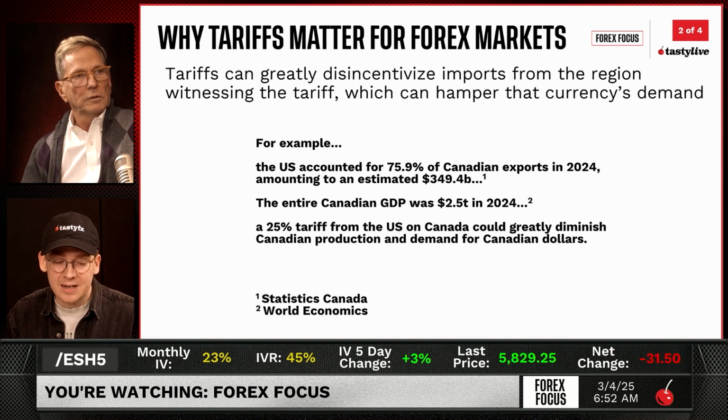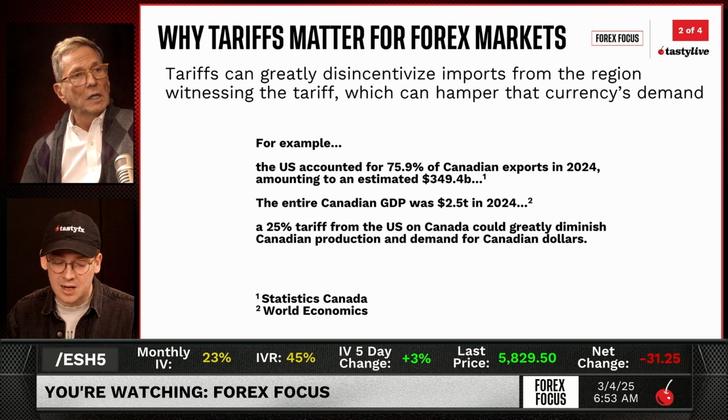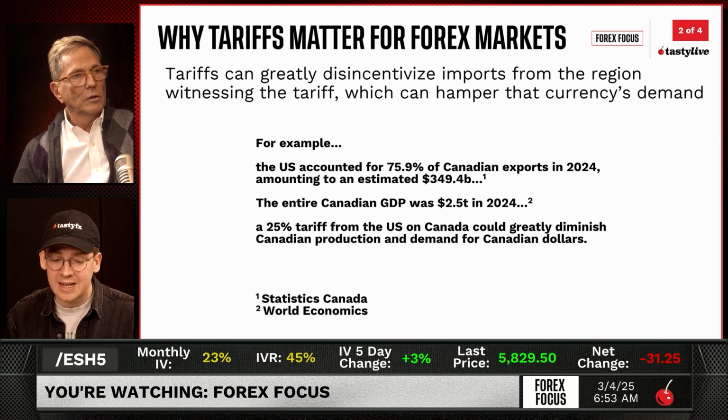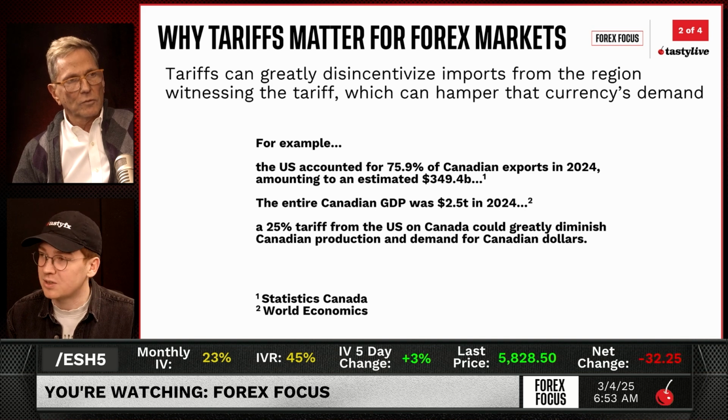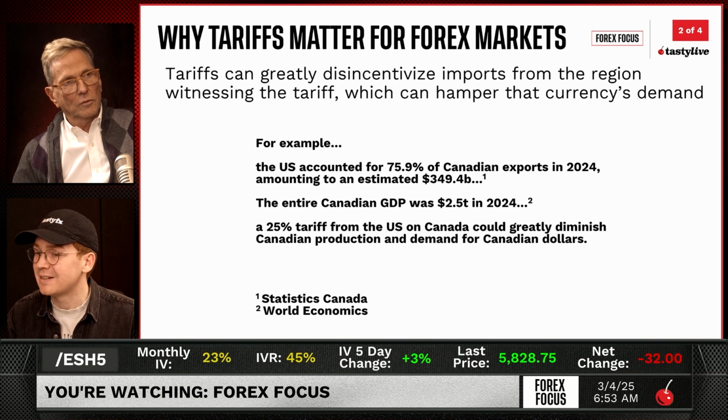The entire Canadian GDP was $2.5 trillion in 2024, so a big chunk of product coming out of Canada. A 25% tariff from the U.S. on Canada could greatly diminish Canadian production and the demand for Canadian dollars. Hence, if the U.S. is going to put tariffs on Canada, the demand for that Canadian dollar might soften.